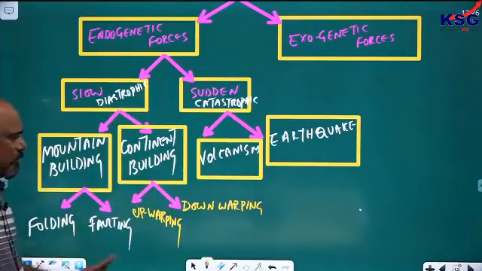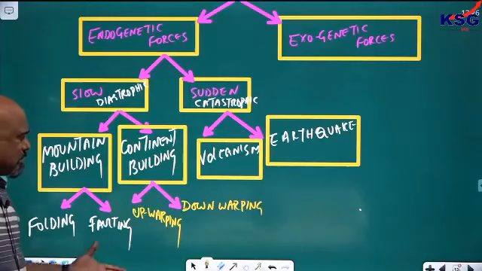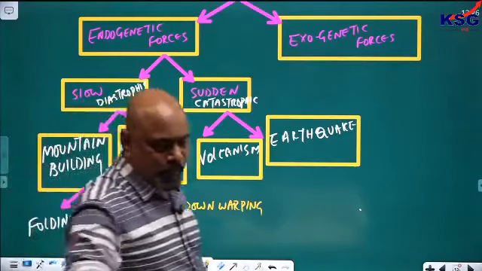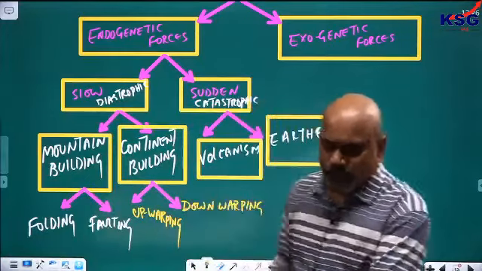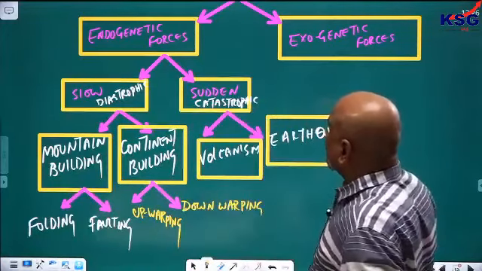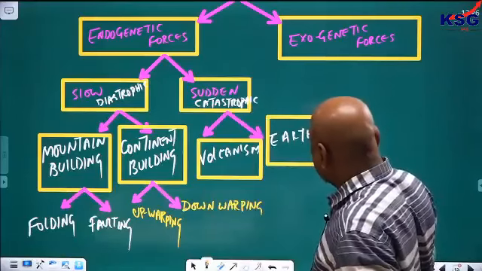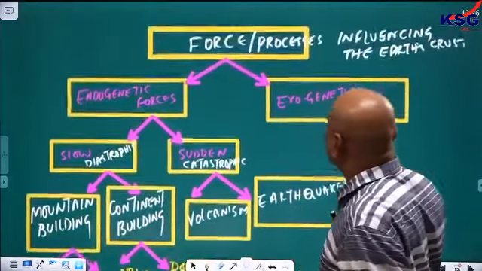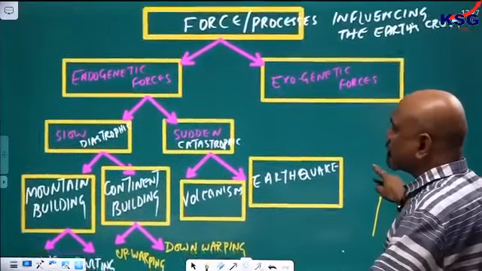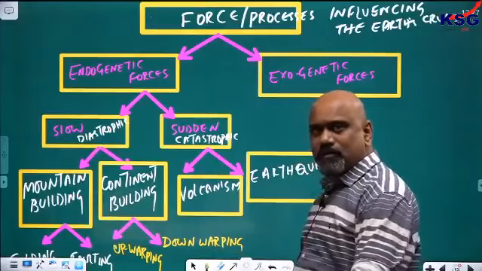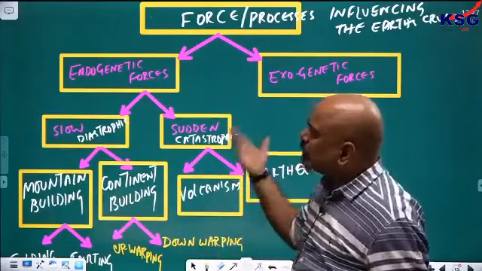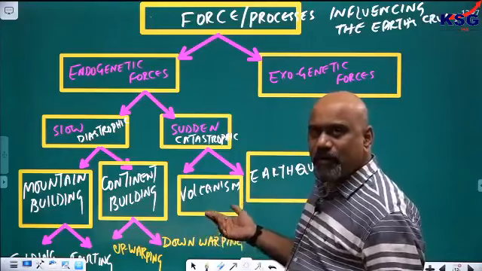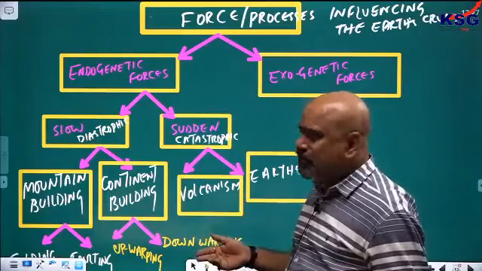Folding, faulting, upwarping, downwarping, all these things are there. Endogenetic forces and exogenetic forces are both responsible for shaping the relief features over the earth surface. Forces influencing the earth crust create relief features; because of folding there will be fold mountain, and because of erosion and weathering, mass wasting, we have different things.